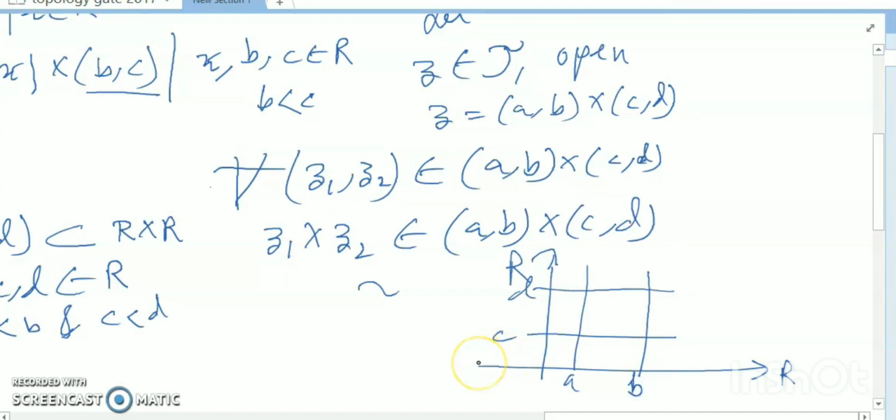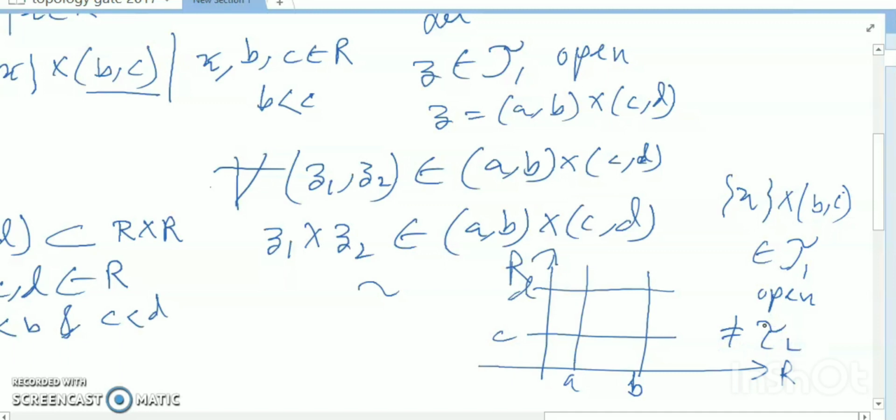So we see that x cross B comma C belongs to tau 1 open but does not equal tau 2, okay.